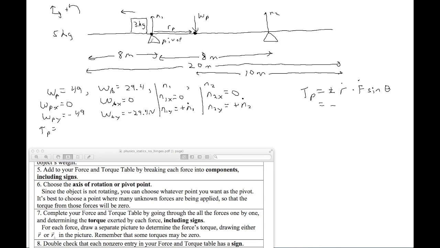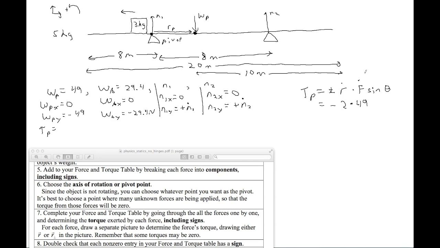So if this distance is 8 meters and this is in the center, that would be 2 meters. That's right. And what do I plug in for the force? The force is the weight from the beam, or from the plank. Good. So what do I plug in for that? Just 49, right.